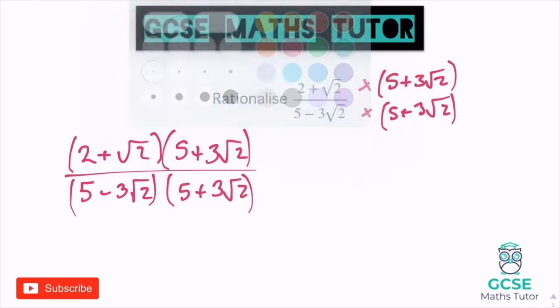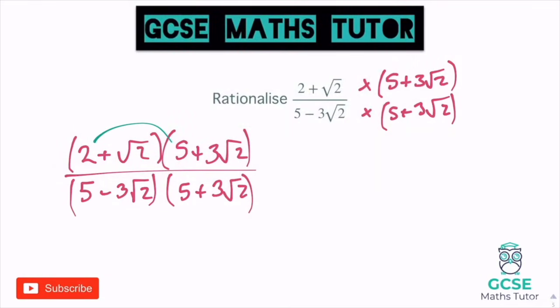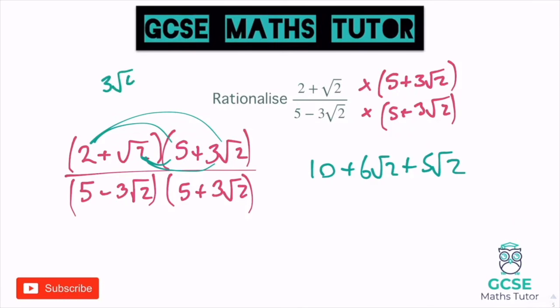And then again, just take this nice and slow, so 2 times 5 is 10, 2 times 3 root 2 is 6 root 2, root 2 times 5 is 5 root 2, and root 2 times 3 root 2 is 3 root 4, or 3 times 2, which is 3 lots of 2, which is 6.